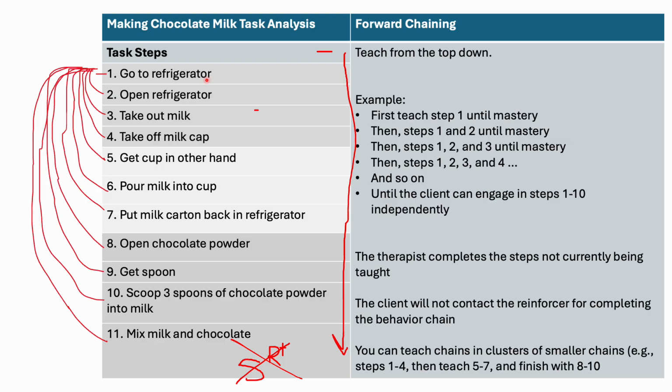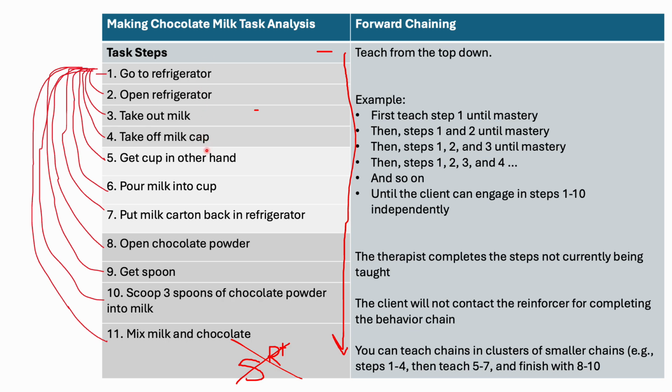If you have a learner that requires more continuous reinforcement, or maybe can't attend for so long, or gets discouraged easily, then you might not want to work in clusters. But if you have a learner that is sharp, they can tackle a few skills at once, they can handle it, then you can go ahead and teach in clusters. Okay, so you can work on steps 1 through 4 together.